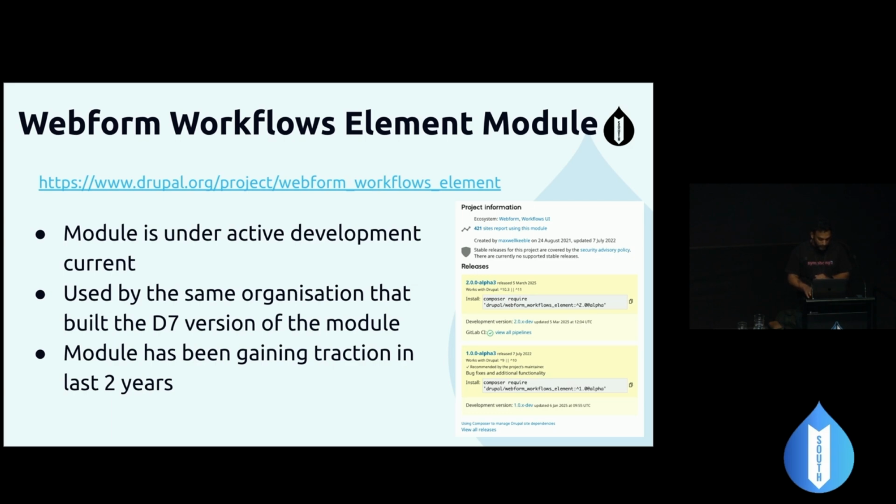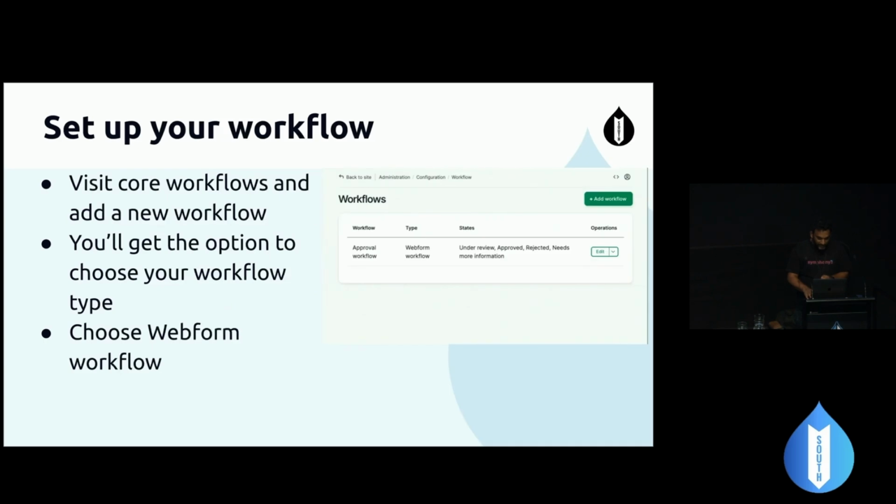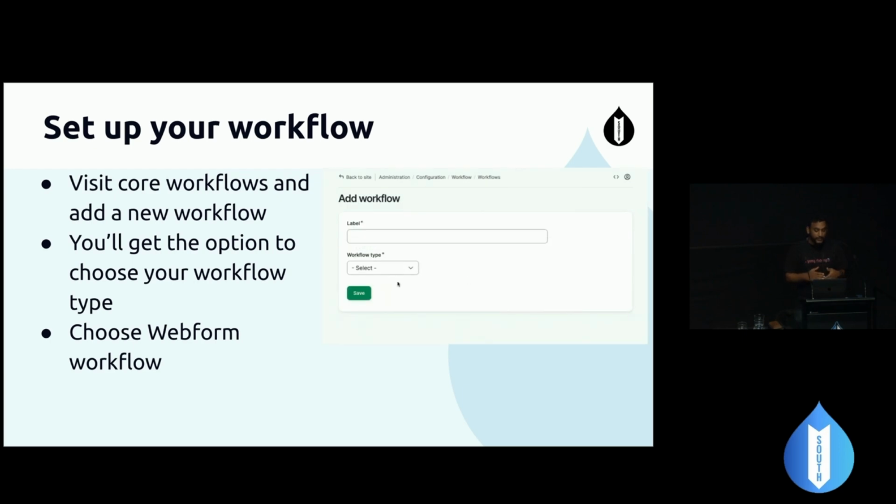Cool. So now let's look at building a workflow into a web form. The first step, I've created these GIFs to run through each of the steps. So the first step is actually creating your workflow.